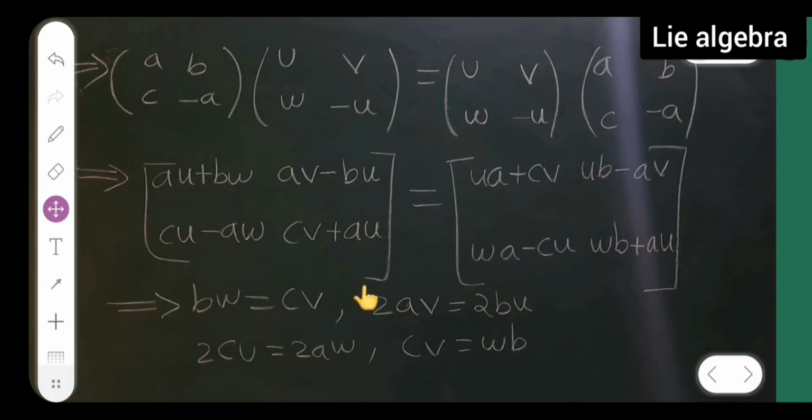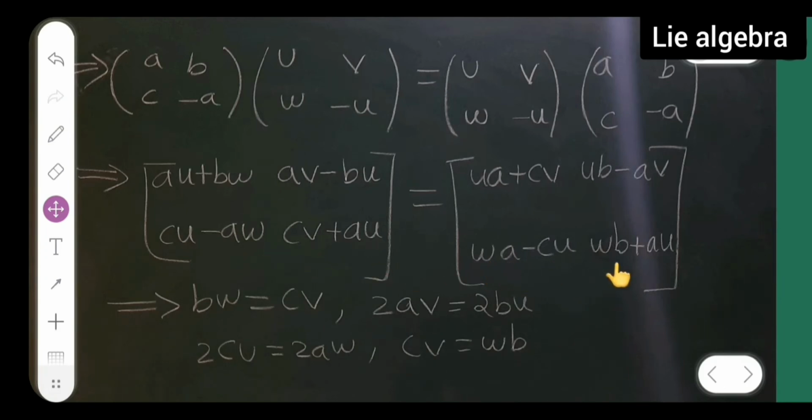Now this is equal to this. Take it here. This implies BW is equal to CV, because AU and AU will get cancelled. So BW is equal to CV will remain. Now here AV is twice, so twice AV, twice BU. Here also twice CU is equal to twice AW, right?